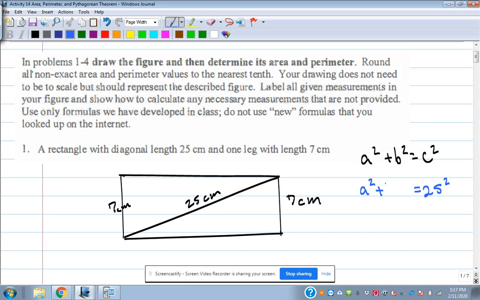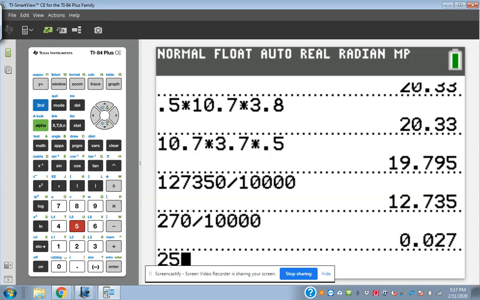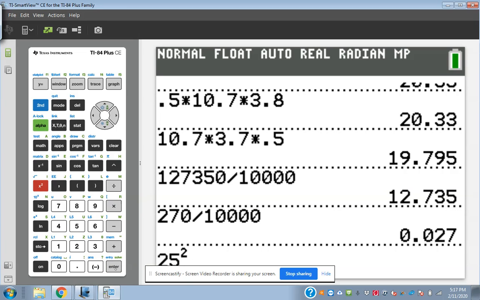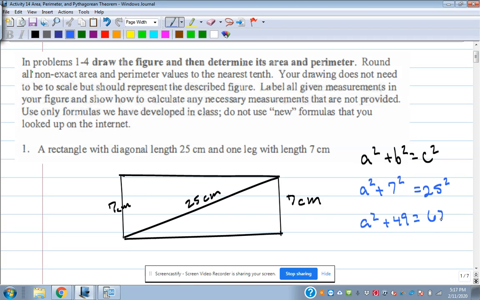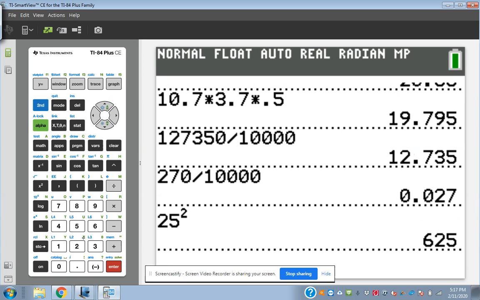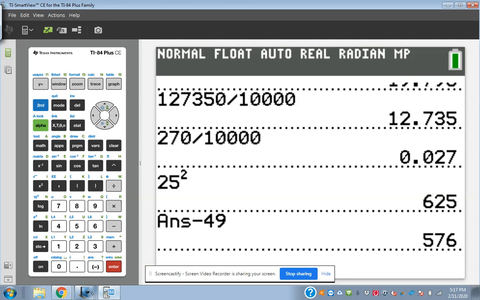And then I'm going to say B is 7. And I don't know what 25 squared is. I used to know. 625. And then A squared, subtract to get there. So 625 minus 49, 576.